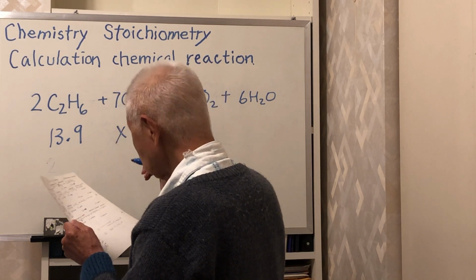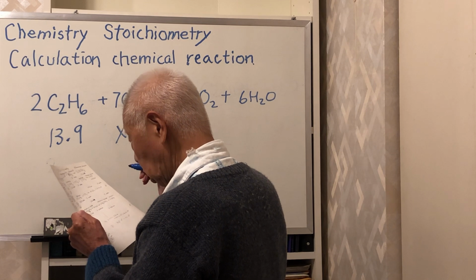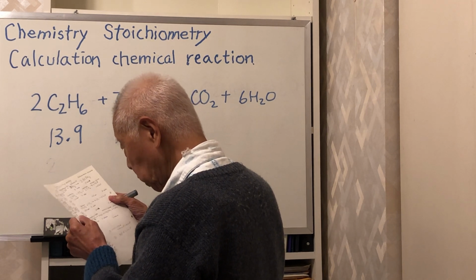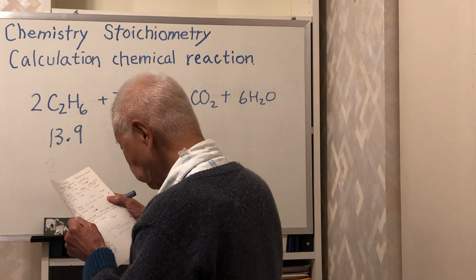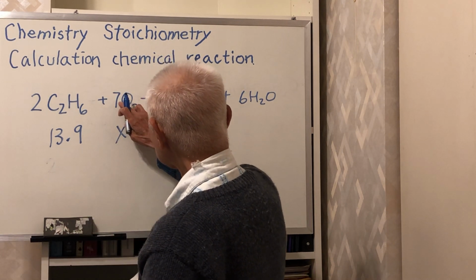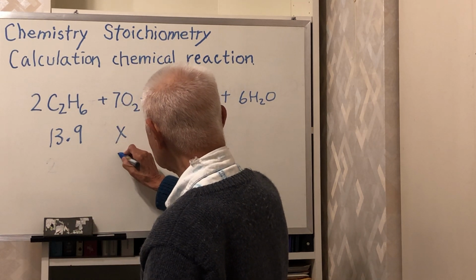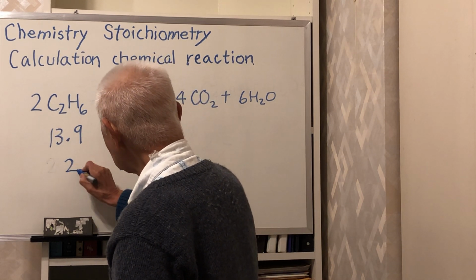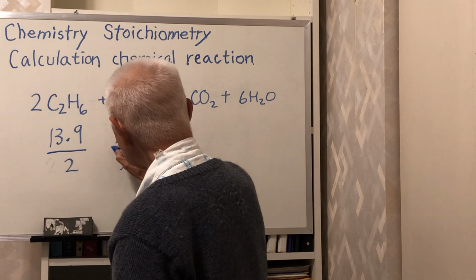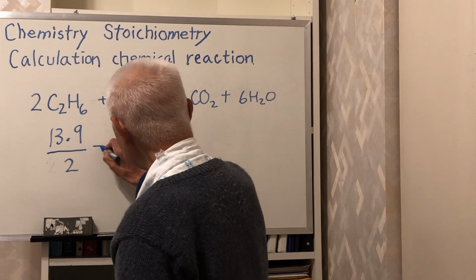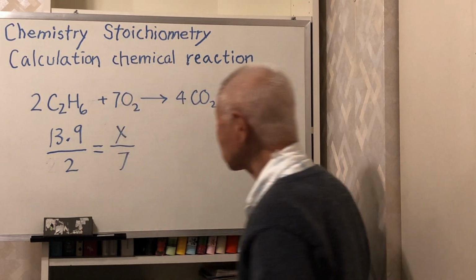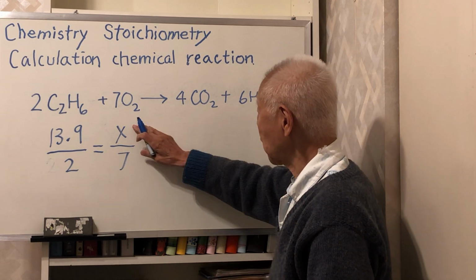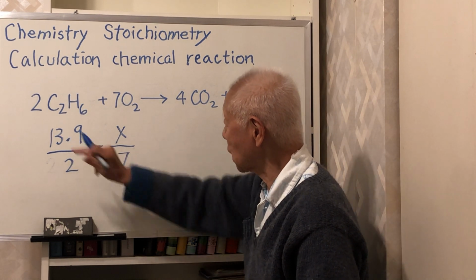All right. Just like what we have done before, write the 7 below X, write the 2 below 13.9, write the ratio, and let them equal to each other. So what is X? Move the 7 to this side and multiply.